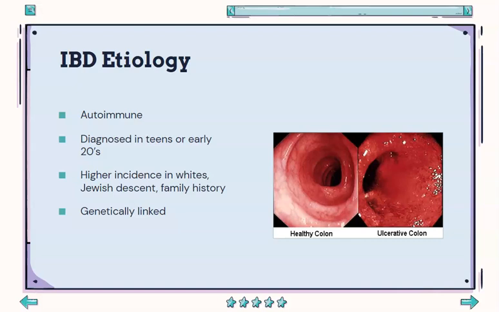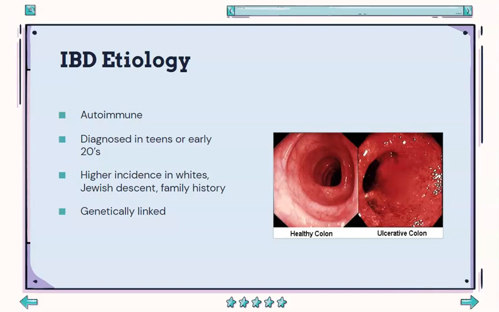Usually there can be a genetic component. So if mom or dad has inflammatory bowel, then it's likely that at least one of their kids would have inflammatory bowel as well. It is more prevalent in white and Jewish descent, and then again the family history of it.